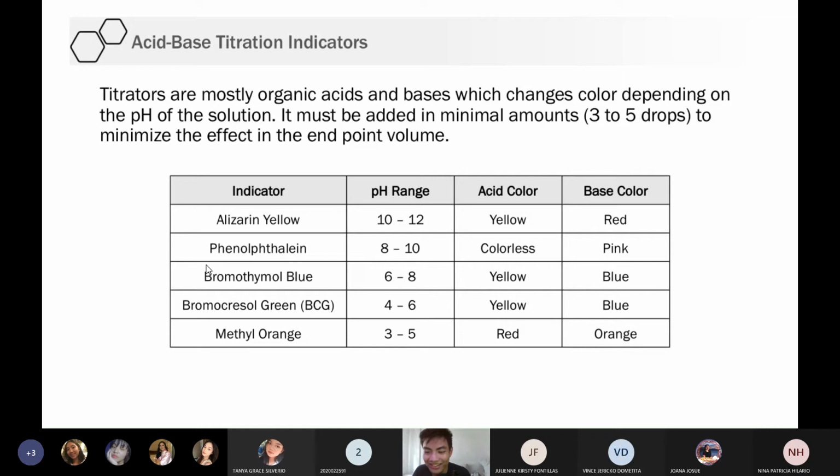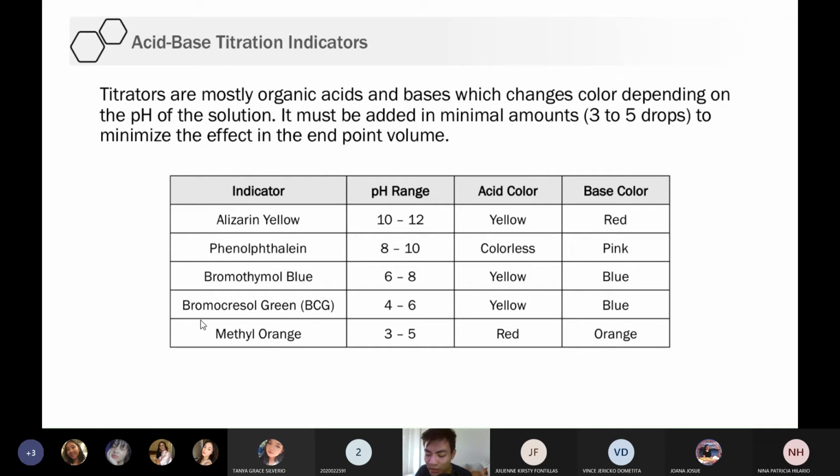Quantum mechanical description yan. So anyway, skip na tayo dun. Basta ang alam natin, indicators are molecules that change color depending on the pH of the solution.